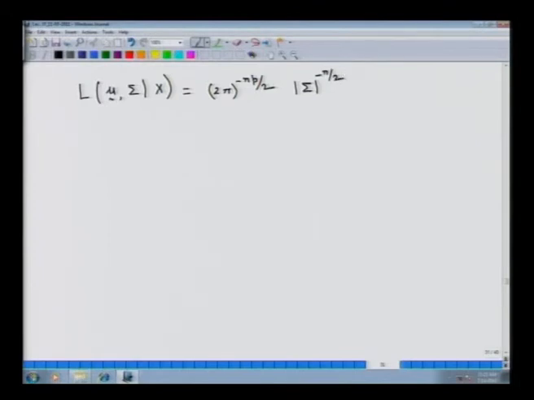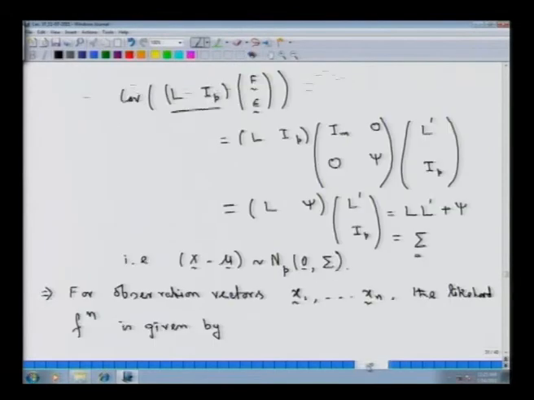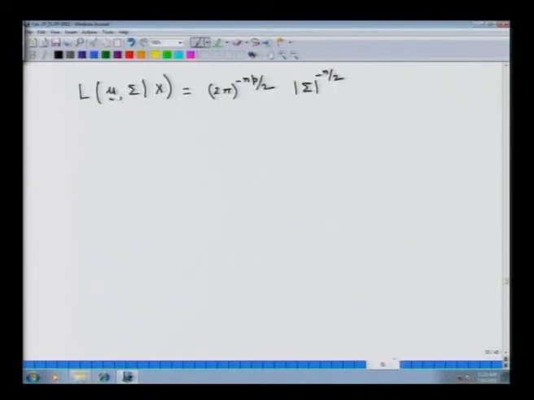From where does this come? If we once again look at the structure of the multivariate normal, in the density of each of these we will have determinant of sigma to the power minus half, and since we have n observations this actually leads us to determinant of sigma to the power minus n by 2, multiplied by the exponent.